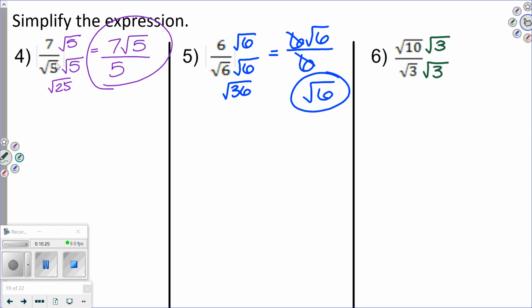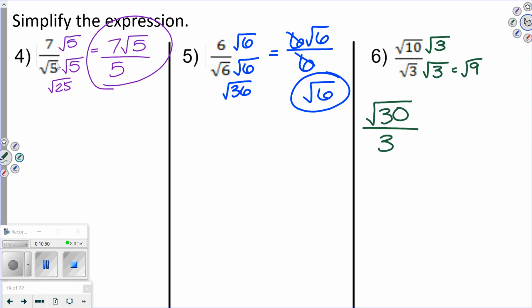What's radical 10 times radical 3? Radical 30. Good, those can actually multiply because they're both under a radical. Radical 3 times radical 3 is, it's just 3, right? It's going to give you radical 9, which is just 3. Can I do 30 divided by 3? Why not? Good. One is a radical, so those don't actually divide.